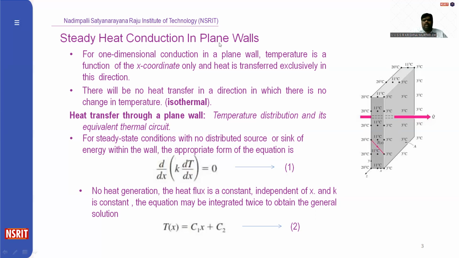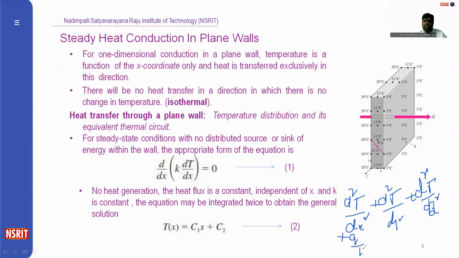We know the generalized heat conduction equation in Cartesian coordinates: d square T by dx square plus d square T by dy square plus d square T by dz square plus q by k is equal to 1 by alpha, that is rho Cp by k, into dT by dt.